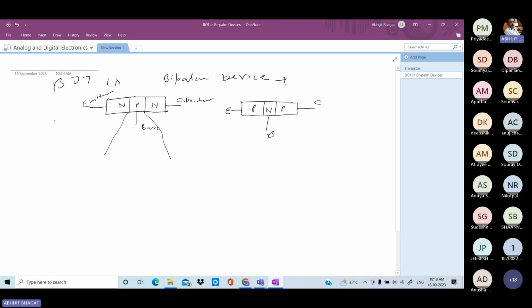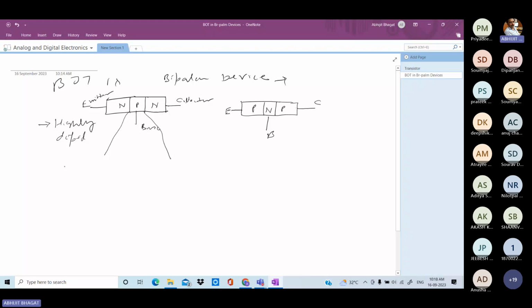In case of the emitter region, this region is highly doped. Its doping concentration is high. So whatever the impurity used, either in NPN or in PNP, the doping concentration is high.